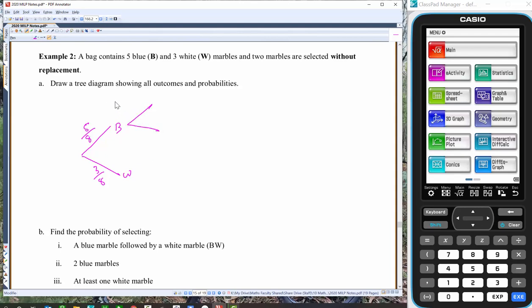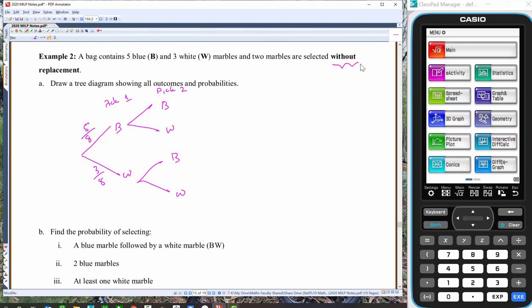This is stage 1, we'll call that pick 1. Now pick 2, we can get a blue or a white. What are the chances of getting a blue?